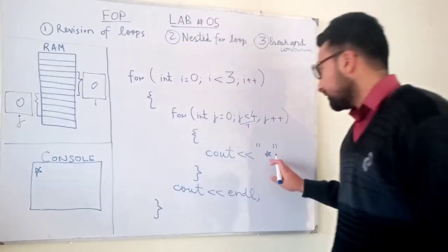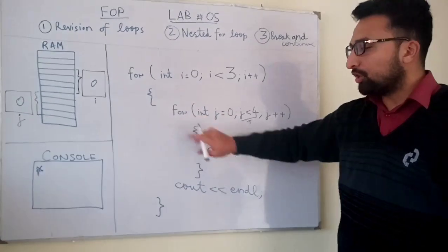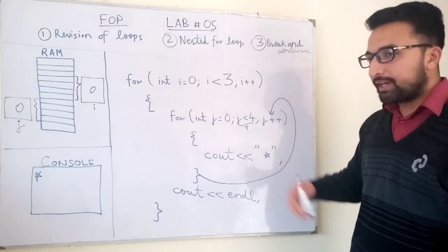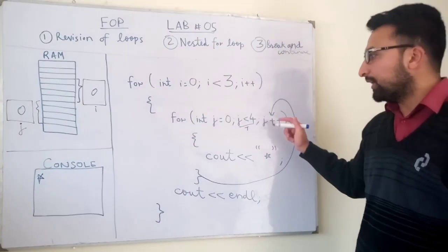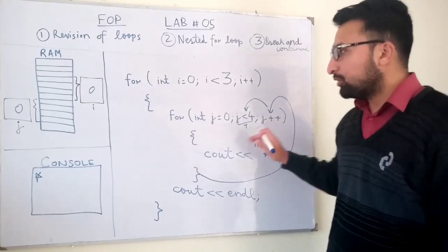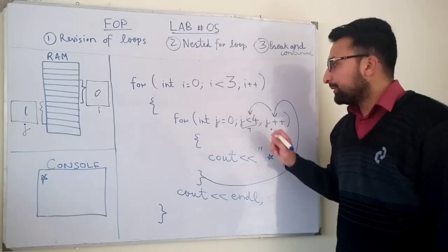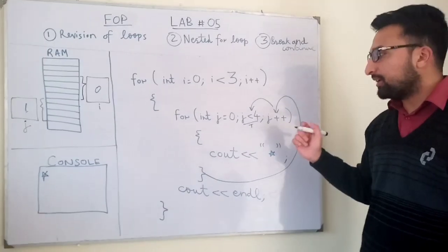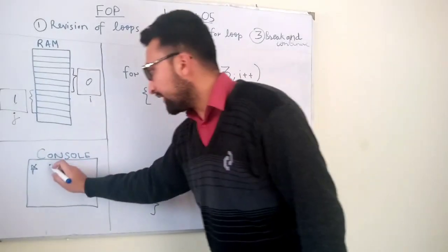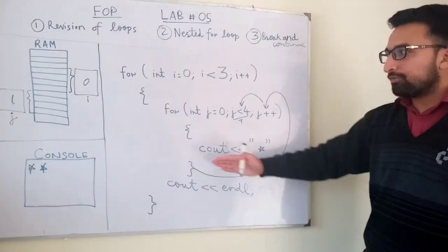One star will get printed, then it will hit the closing bracket of the inner for loop, and it will go back to the increment or decrement condition of the inner for loop, not the outer for loop. From here on, it will again check the expression. Now j's value has become 1. i's value is still 0 because there hasn't been any increment in that. 1 is also less than 4. It is again a true statement. Another star will get printed on the screen.